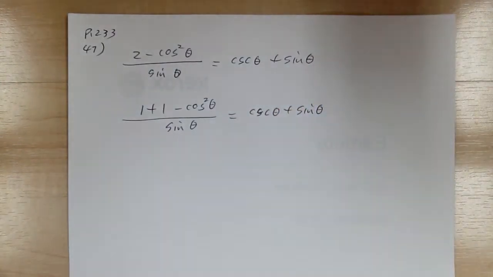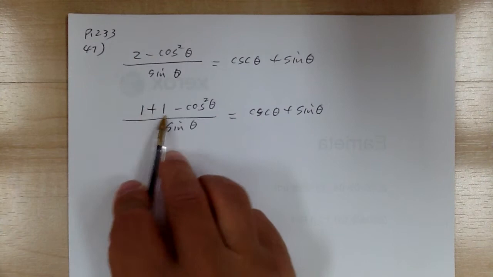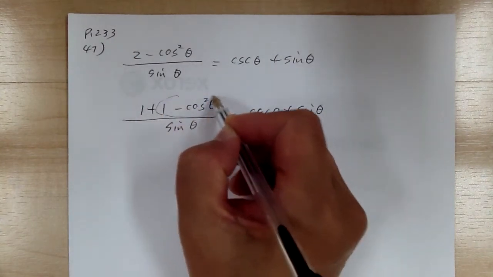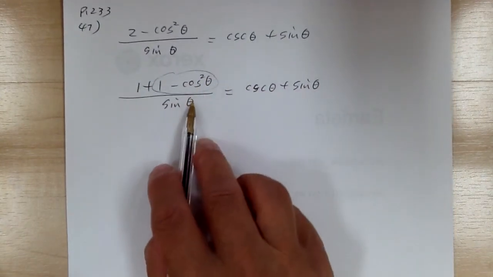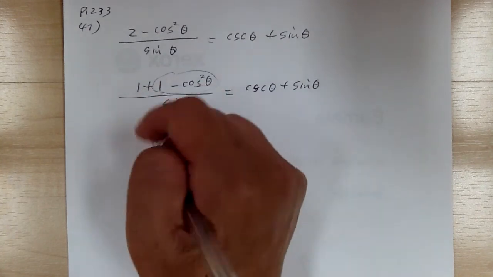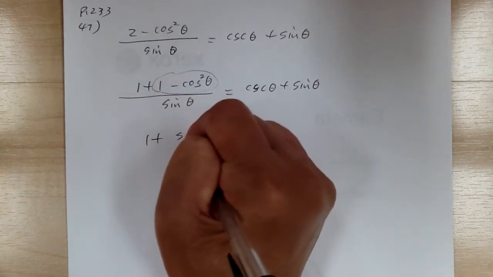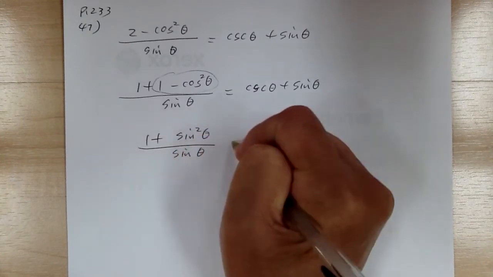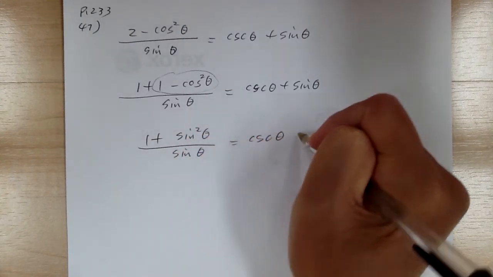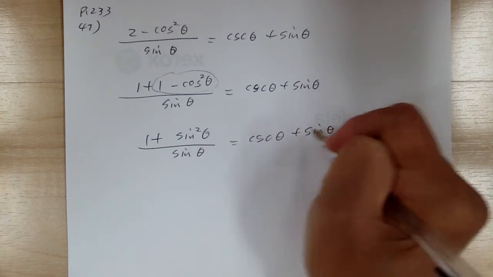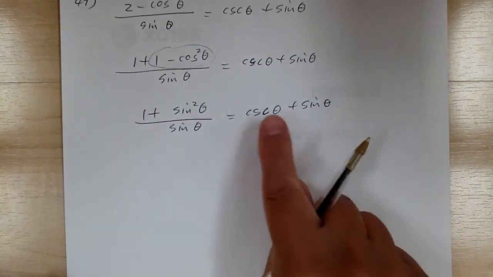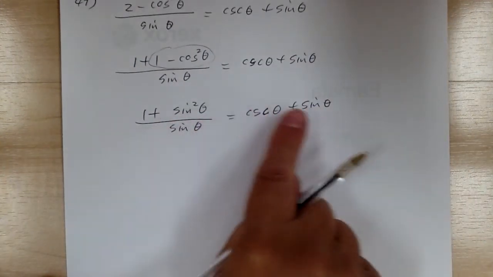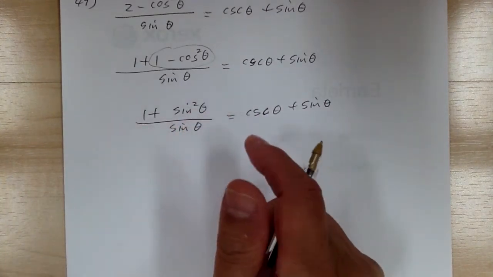Okay, so you break the 2 into 1 plus 1, and notice this part right over here, 1 minus cosine square theta, that is the sine square theta. So that's equal to sine square theta. And notice there are 2 terms over here, so to match that side, I need to break this into 2 parts, right?